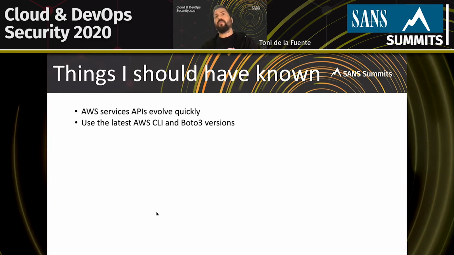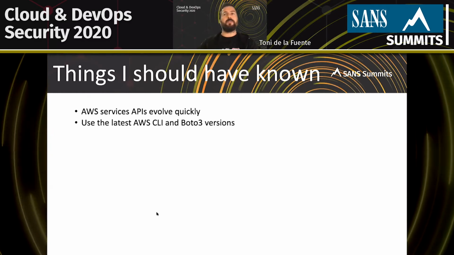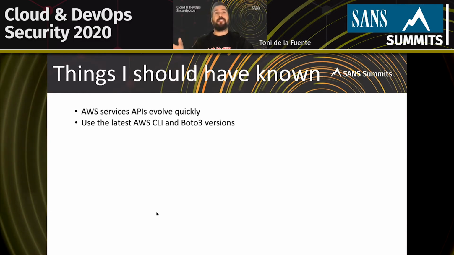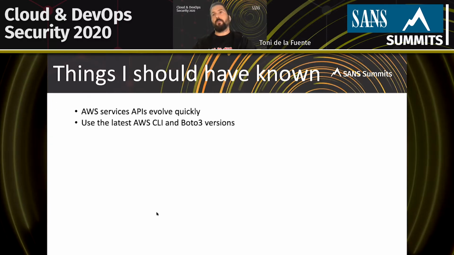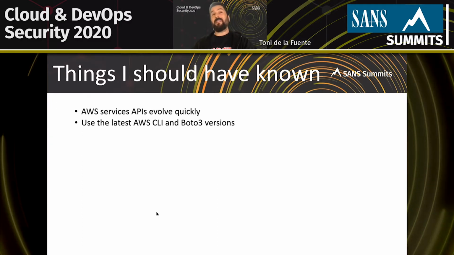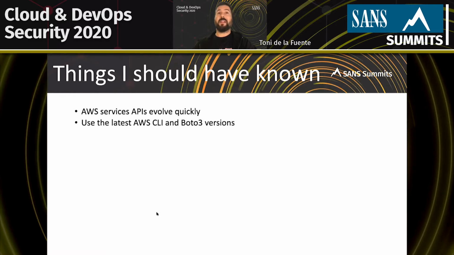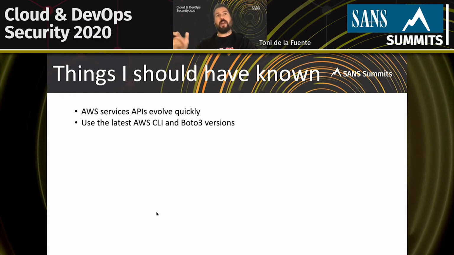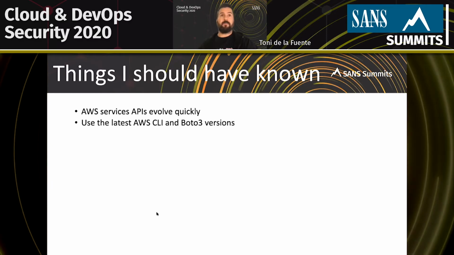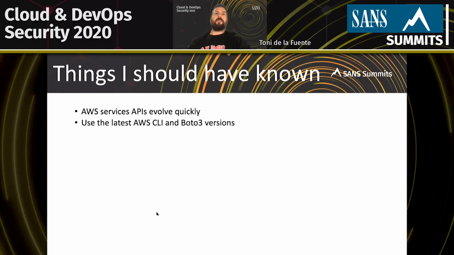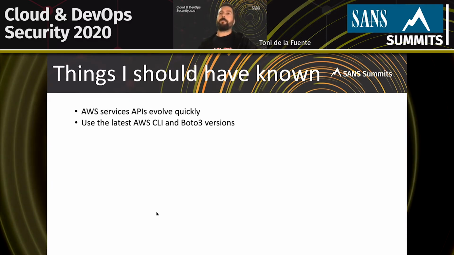So use the latest CLI and Boto 3 versions. Of course, if you are using the latest CLI, that also installs the latest Boto 3 as a dependency. Since Prowler is based on the CLI, that was very important, because if you are writing a check for a service that is new, you need the latest version of the CLI.